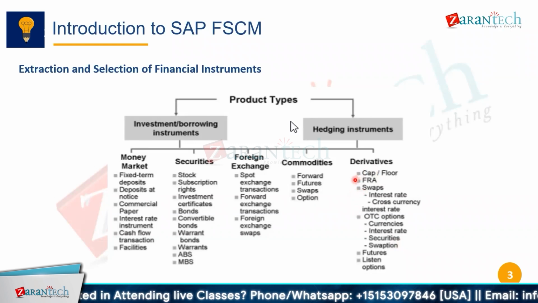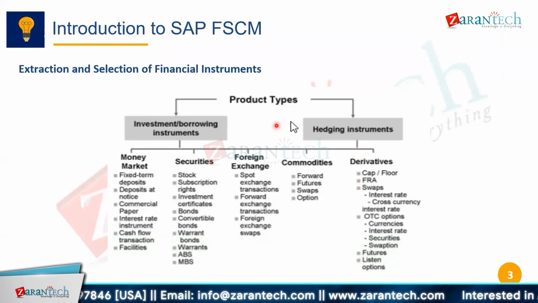But the condition is that these derivative transactions are traded in the stock exchange, and they should be legal, not illegal products. All the derivative products are traded by banks or on the stock exchange. So these are the product types which are covered under our treasury and risk management module.